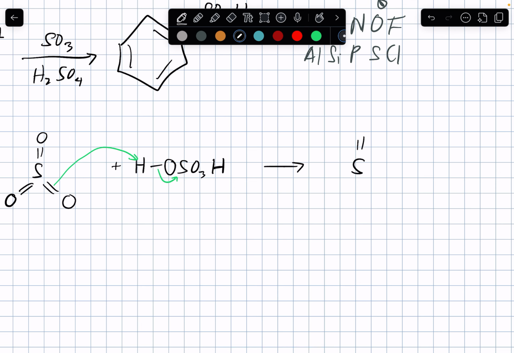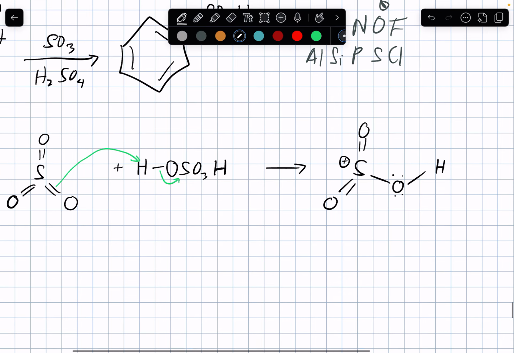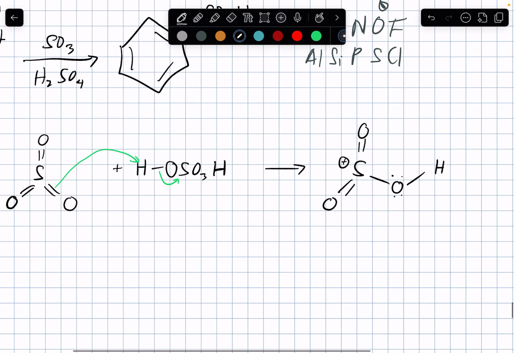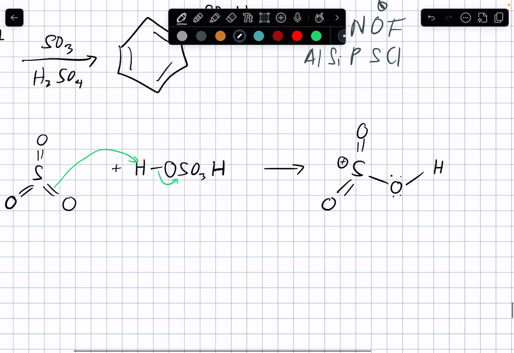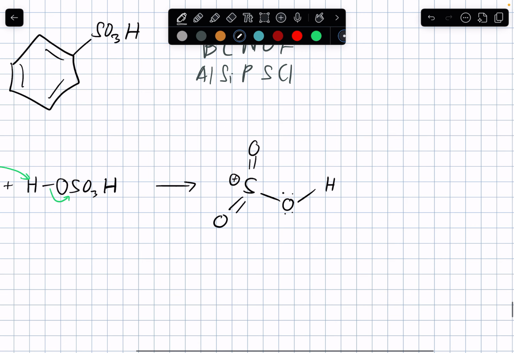So we still retain the rest, but here we have O and then H. Now, sulfur is going to be positive because it now has 5 connections. It's no longer neutral. How about the other party? It is going to be HSO4 minus.